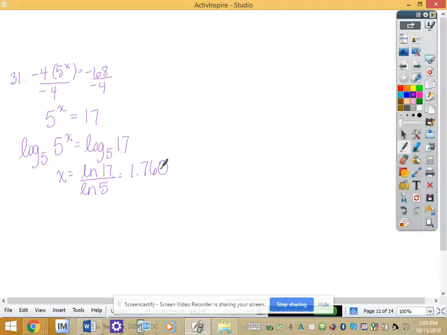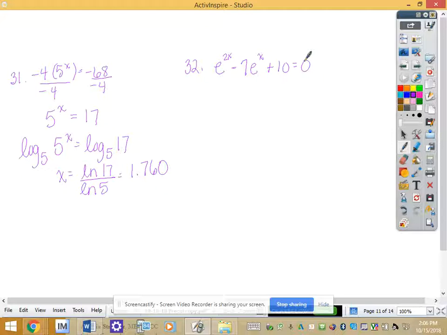On number 32, this is one of those problems where you work smart, not hard. This problem can take you a very long time to do, but if you start off looking at what you already know, then you don't spend a whole lot of time.